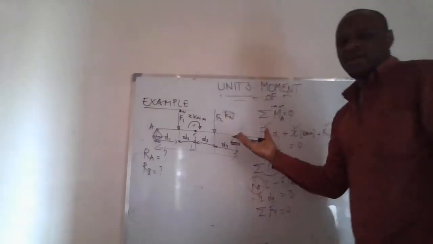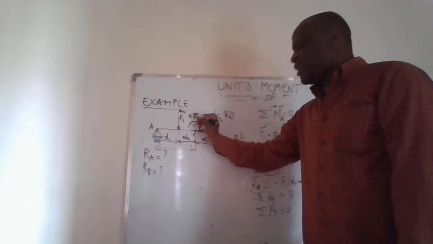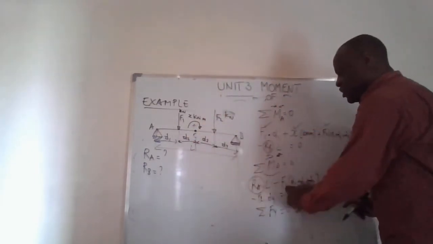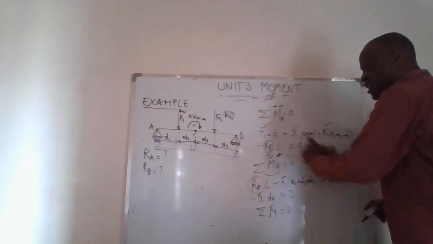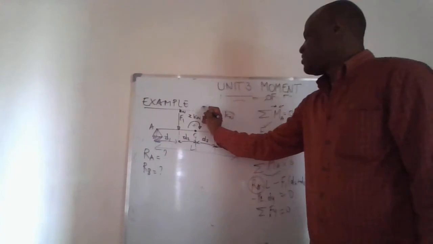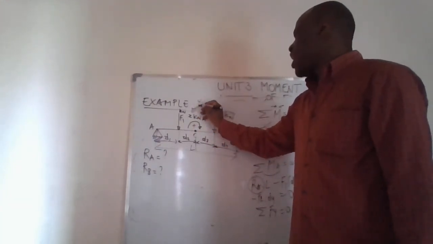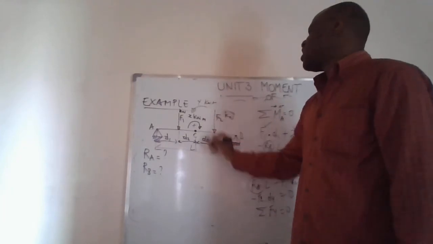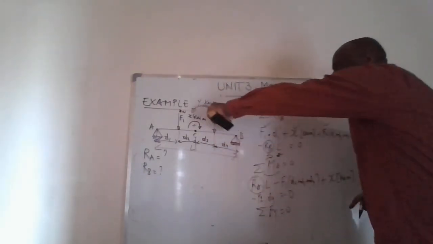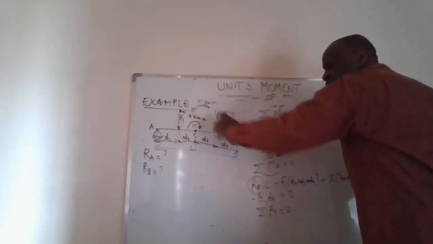Now what I'm trying to emphasize is, whenever you have a moment that is given, use that moment as is in both equations of the moment. It's not going to change. If this moment was negative with a certain value, say y in kilonewton meters, I would have used it in this equation with the negative sign and with the amount y that is given.